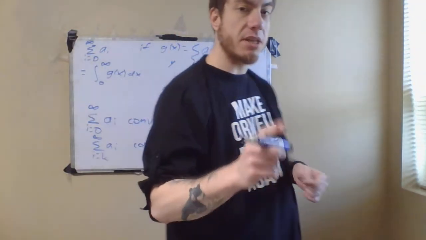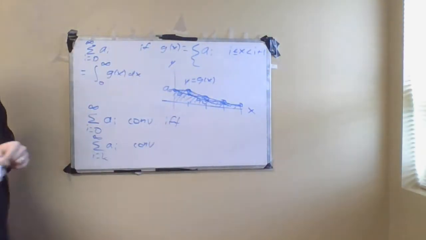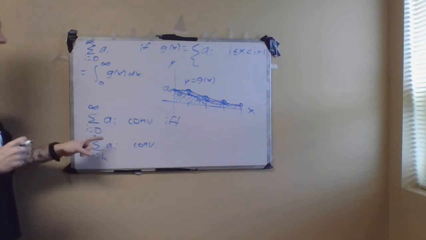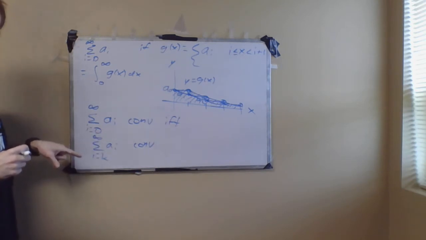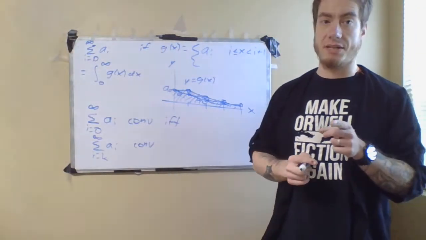This is actually something that's really useful in a lot of situations. In many situations, we will look at a test, and the test might have some kind of condition on the series. But that condition may not actually be true for the series we're interested in.